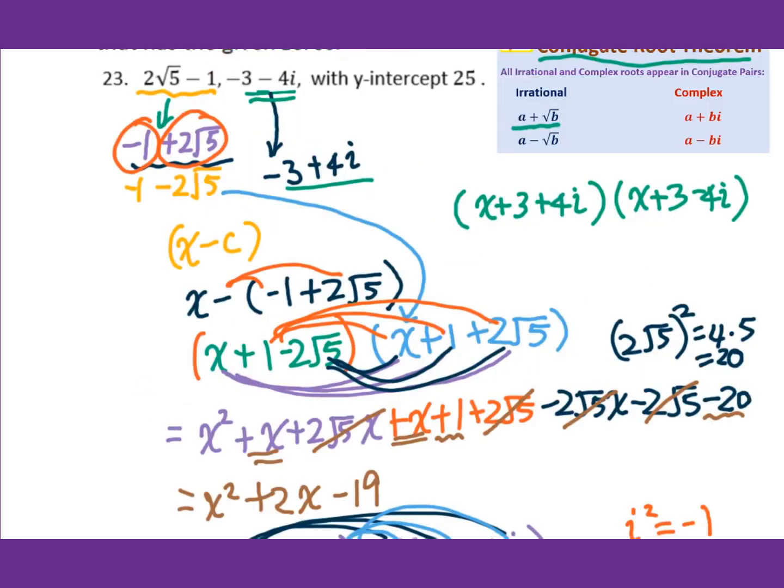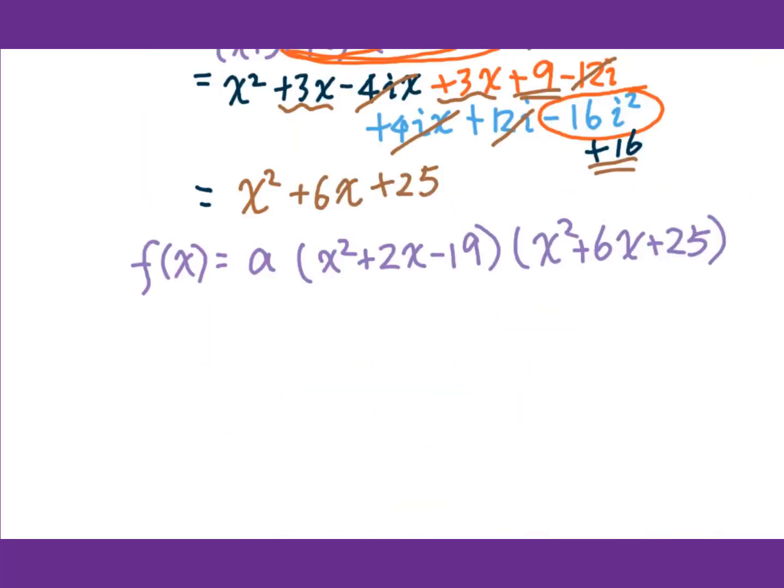According to the given information, y-intercept is 25. That means f of 0 equals 25. Therefore, we're working on f of 0 now. You will get a. Whenever you plug in 0 for this x, this one you will get negative 19.